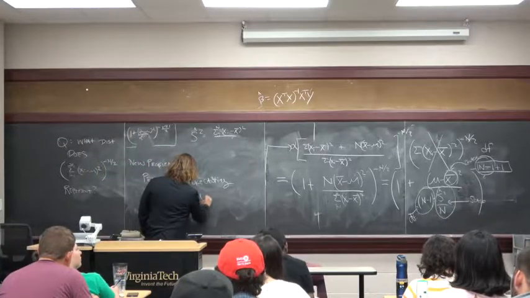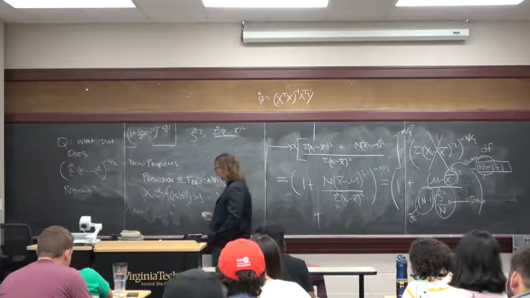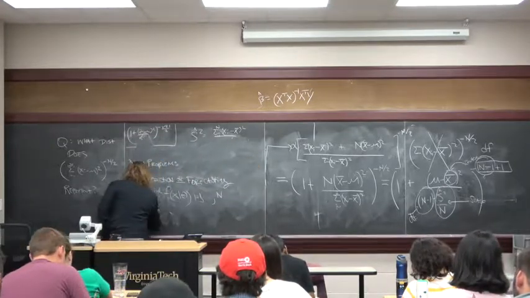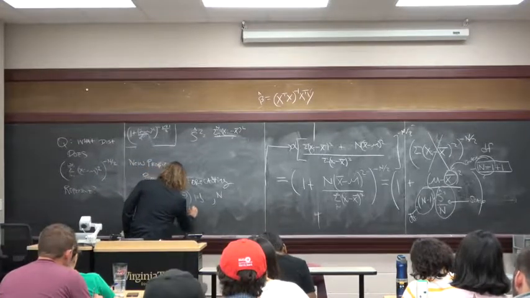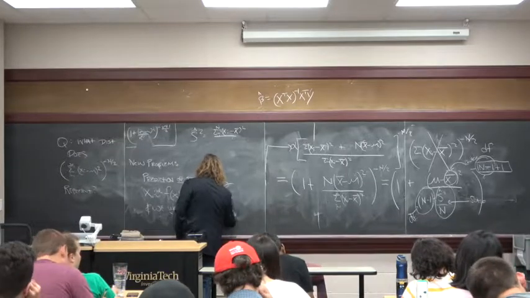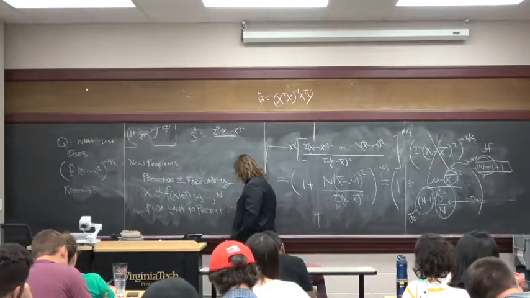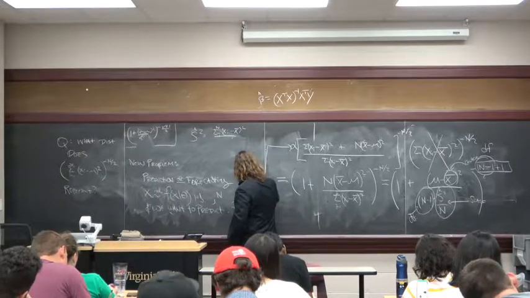So I have n of those, and we want to predict a future observation. And I'll call it x tilde. I'll call that a future distribution.